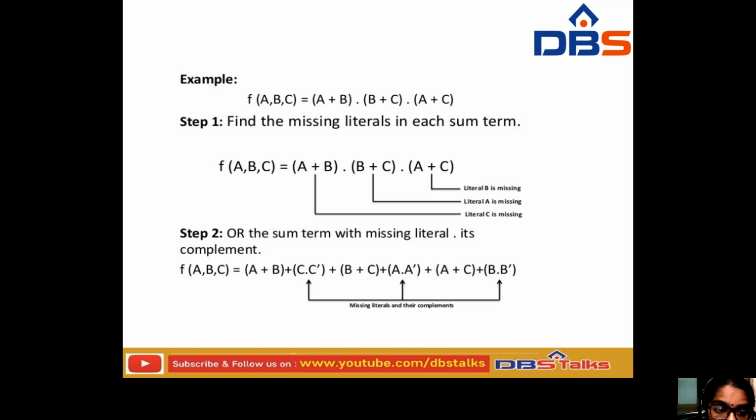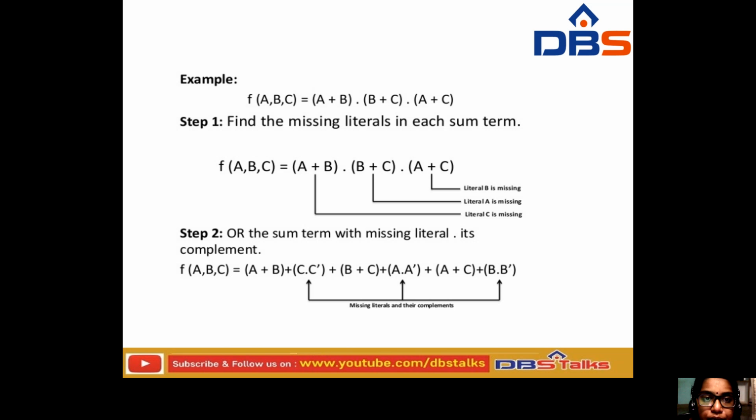Okay, here the missing literal is c, here the missing literal is a, here the missing literal is b. After checking that, we add a plus b to c plus c dash, b plus c to a dash, a plus c to b dash. Just like that we did.